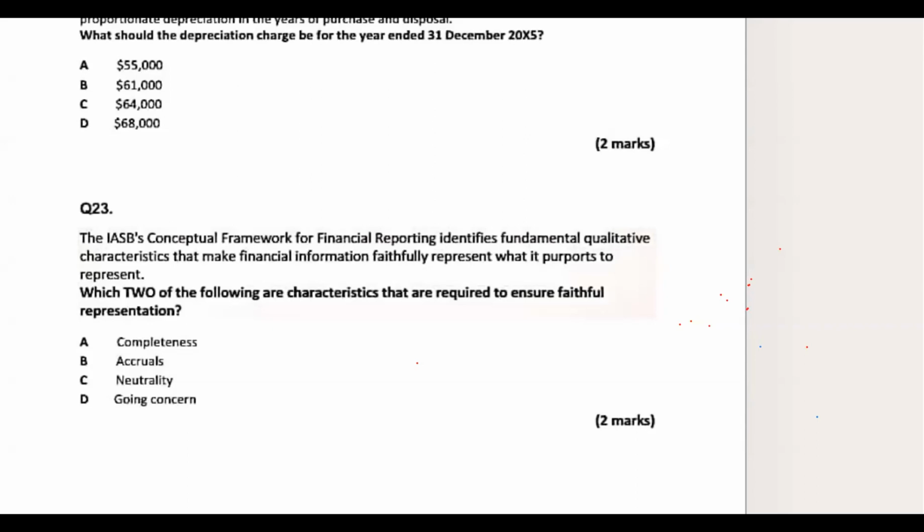Baby Lusu, what's your take? Veronica, what do you think concerning this one?